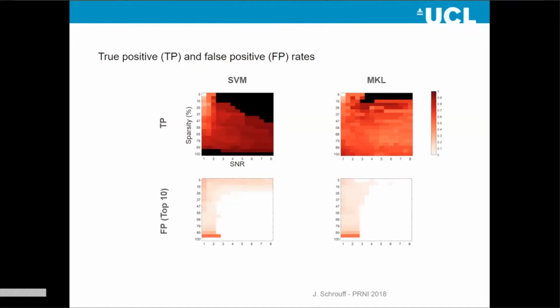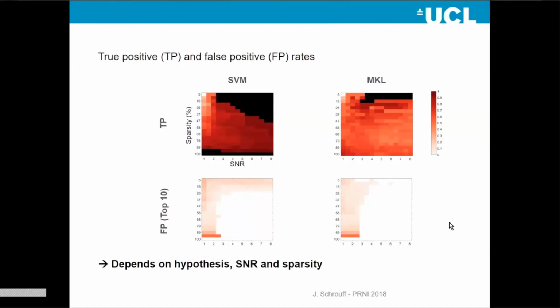And for that, the pattern in SVM is quite different, but we still see the same pattern where for low signal-to-noise ratio, there are false positives, and that holds even for high signal-to-noise ratio, if your signal is very sparse. And for MKL, the pattern doesn't change that much, because MKL is sparse, and the top 10 is actually very similar to the overall list.